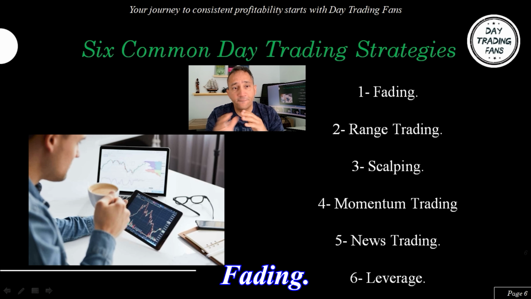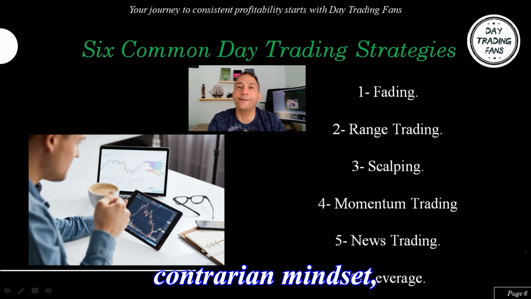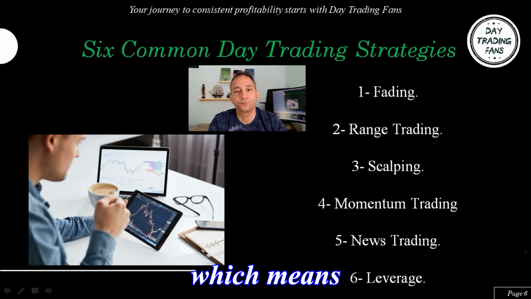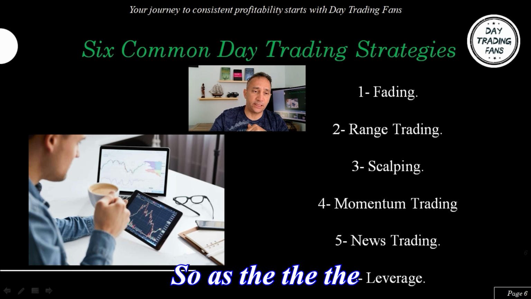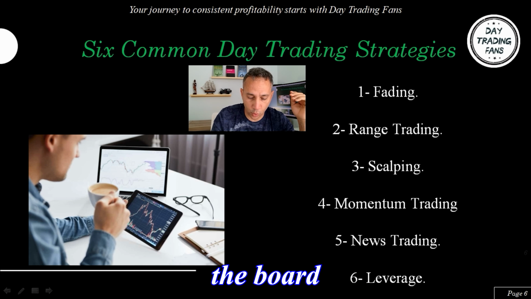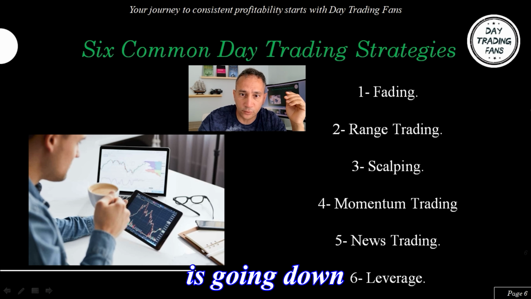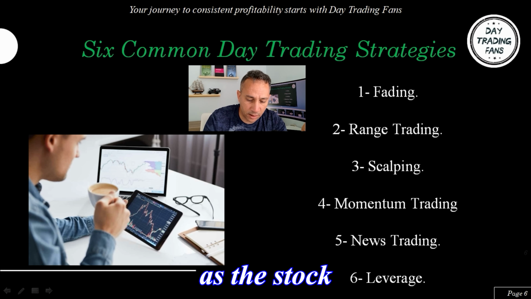Fading. The day trader follows a contrarian mindset, which means you buy the asset that is being heavily sold. So let's do it here on the board: as the stock is going down, as the stock is selling out like that, you buy.